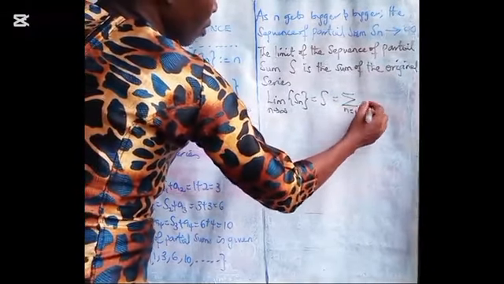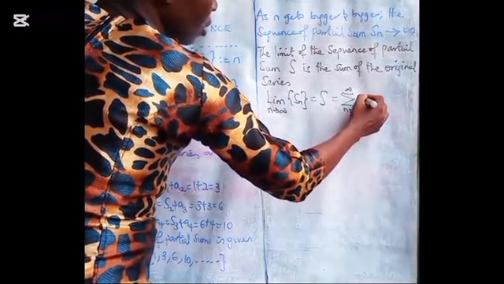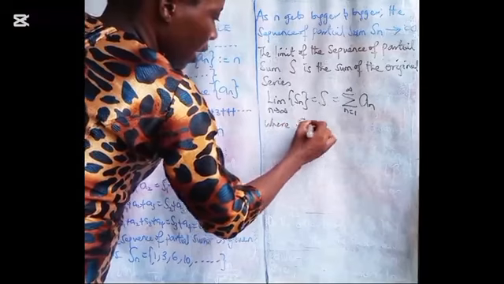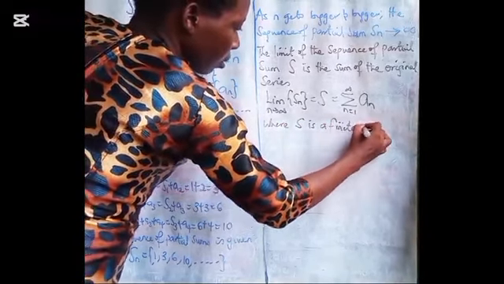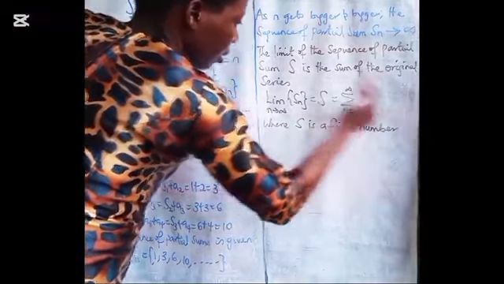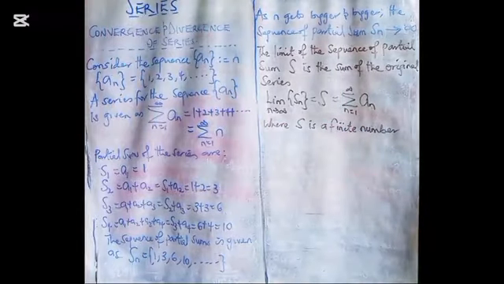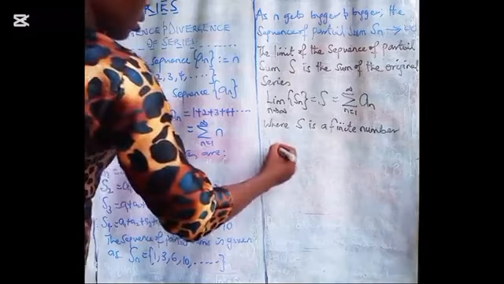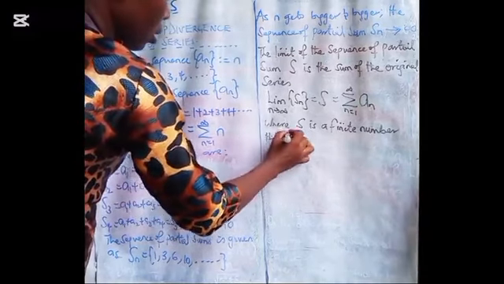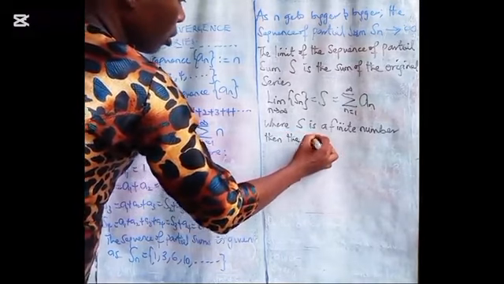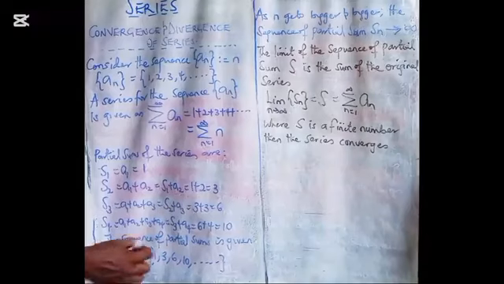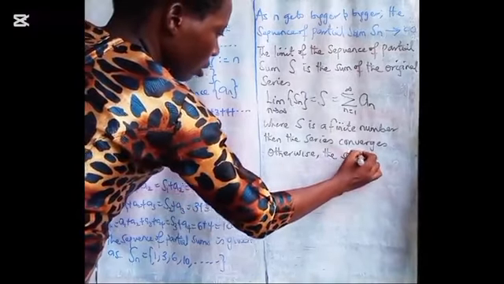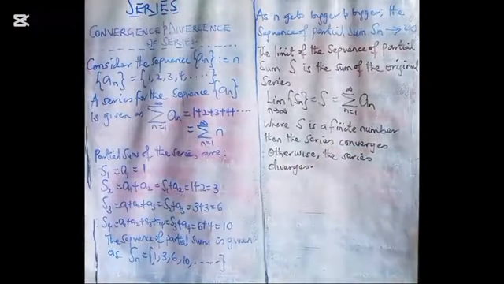The summation as n tends to infinity of A sub n, where S is a finite number, then the series converges. Otherwise, the series diverges.